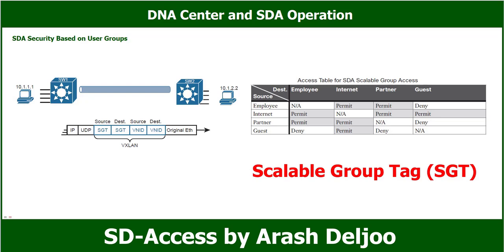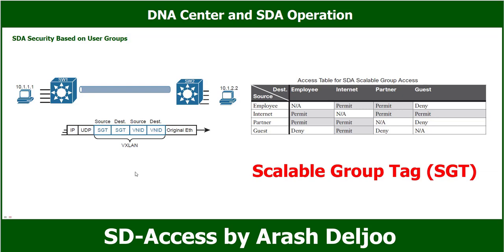It means that you only need to change the rule between the employee and internet, for example, from permit to deny. You will receive different behavior in, for example, the SDA access, and you don't need to configure any access lists. Here, I'm not going to explain all of the detail of this process.